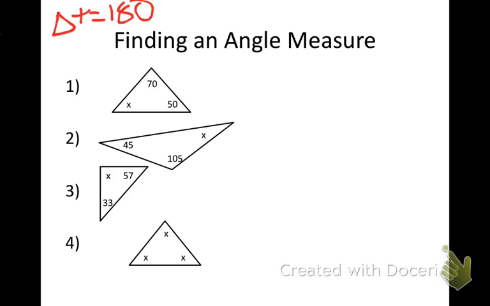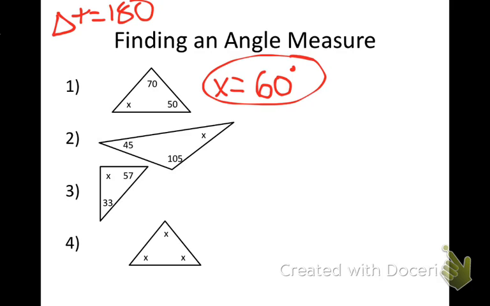So to find that missing angle, I subtract from 180, and I get what, Camden? 60 degrees. Nice job. Again, I could take 180 minus 70 minus 50, or I could add the other two and then subtract from 180. So 180 minus 120. Either way, we get an angle of 60 degrees.